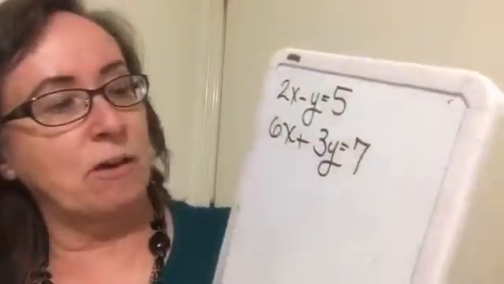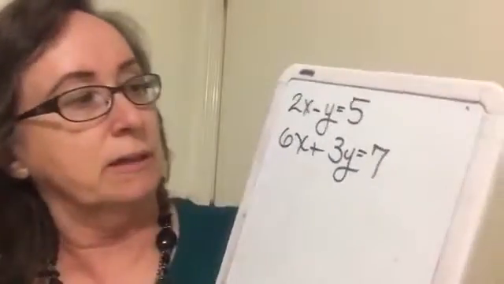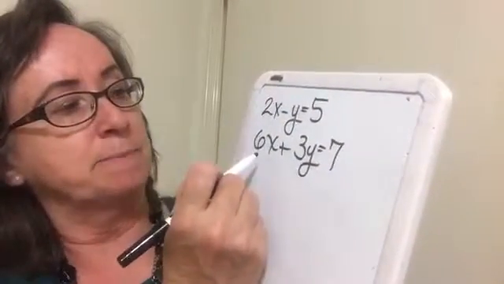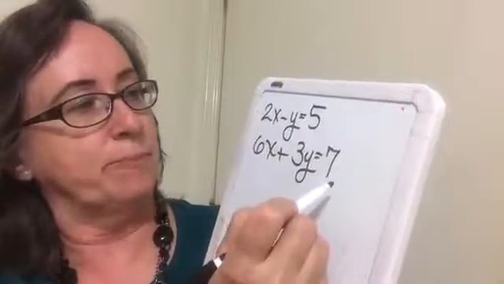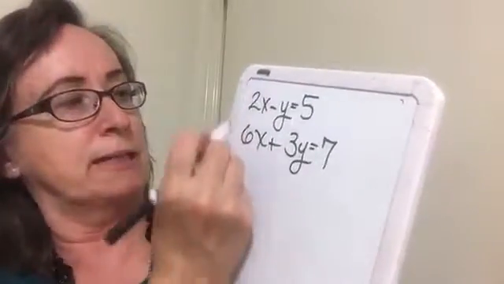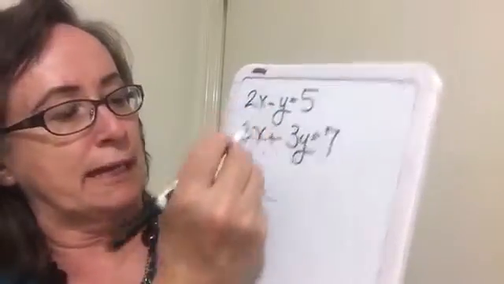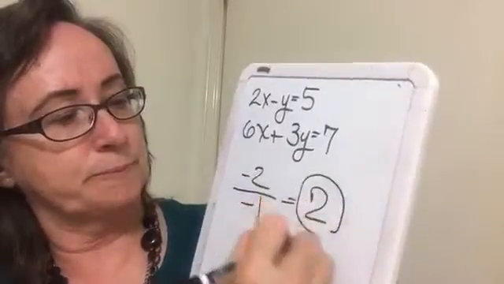All right, so now we are looking at parallel, perpendicular, or neither. And when we're looking at these, this one is in standard form and this one is in standard form. So the slope here is going to be the opposite of this one, negative 2 over negative 1, which is going to be a slope of 2.